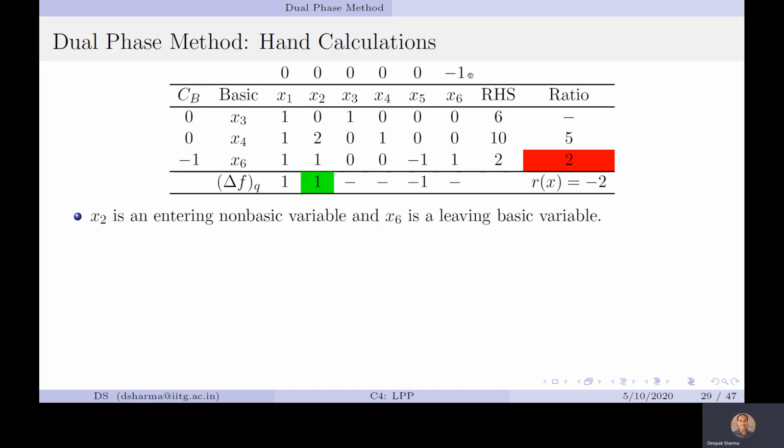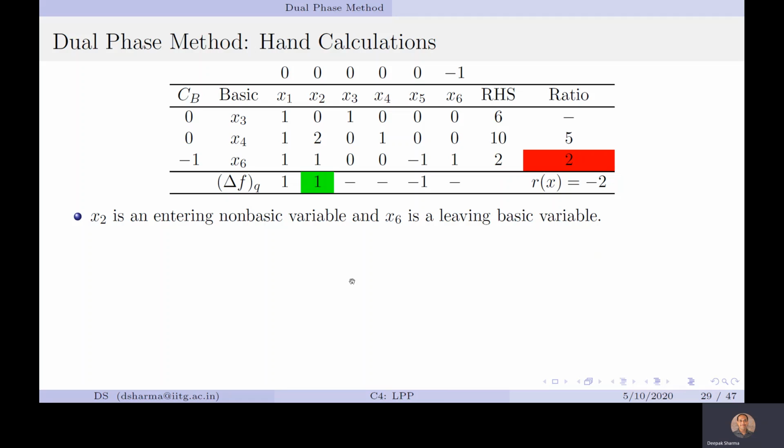We are solving phase 1. Now look at the CB column. The cost coefficient of x3 is 0, the cost coefficient of x4 is 0, but the cost coefficient of x6 is -1. And for the rest of the coefficients, we follow the similar procedure.